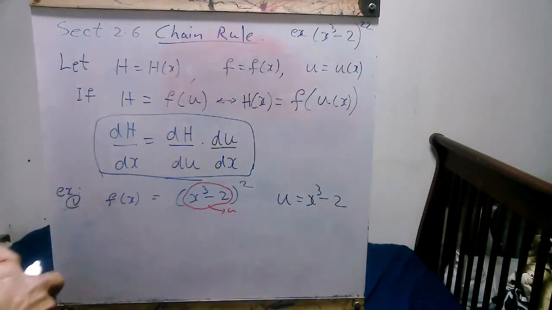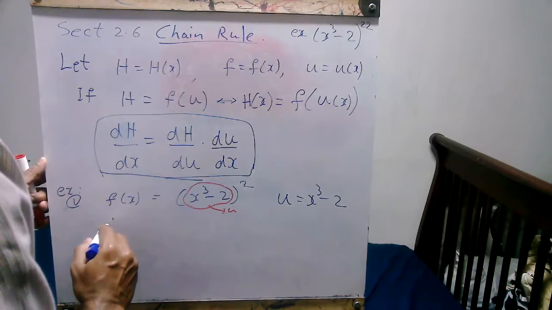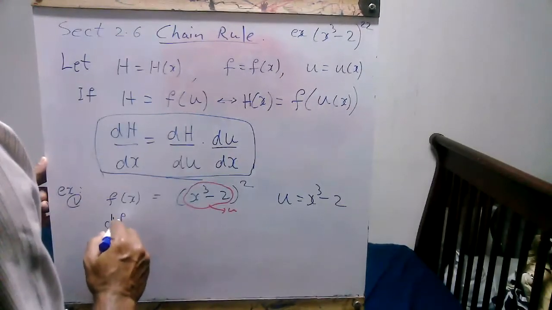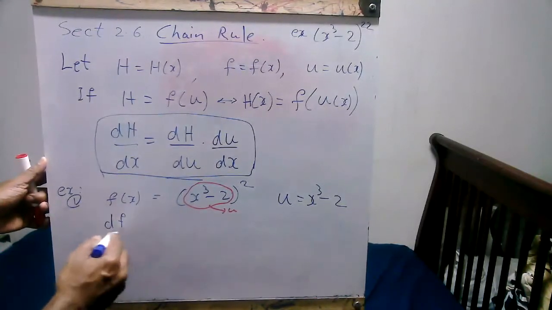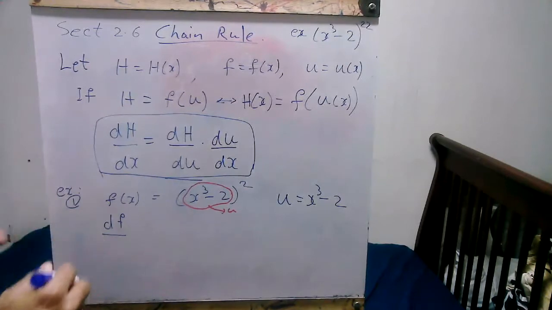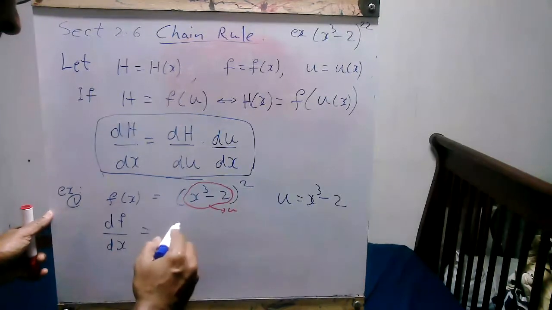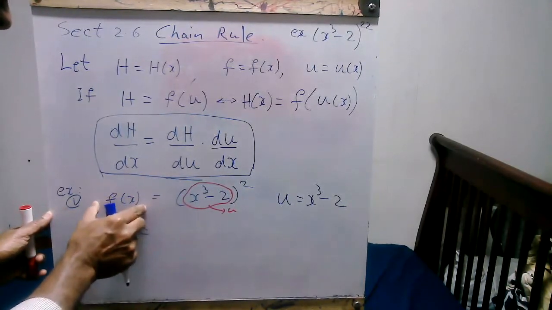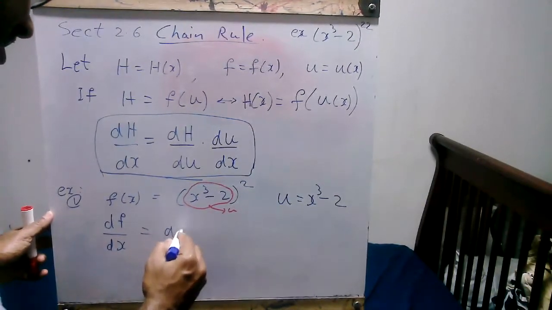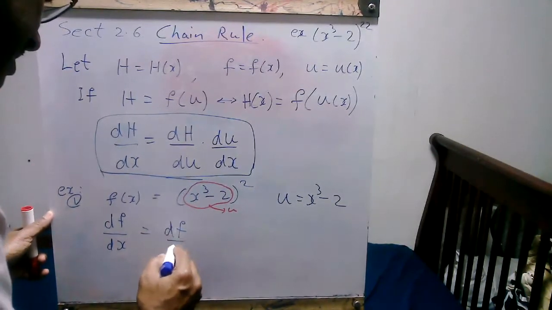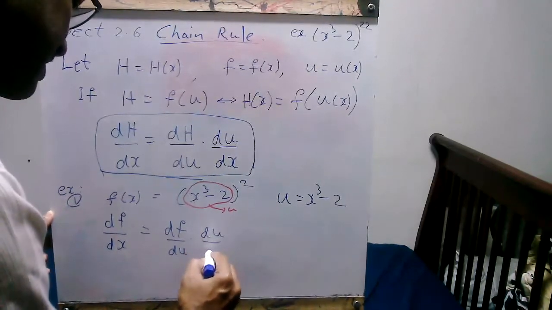Now when we take this part as u, df, I'm just writing single letter f, what I mean is f of x, just to reduce the complication. df dx equal to, now I showed you f is a function of u, df du times du dx.